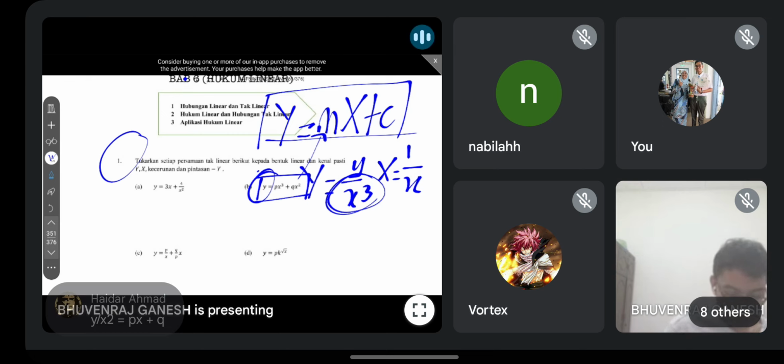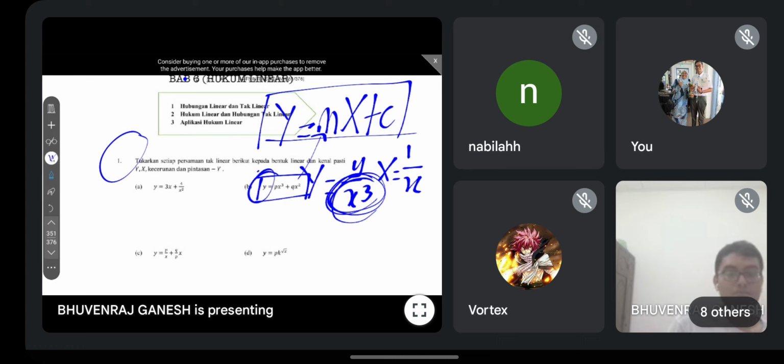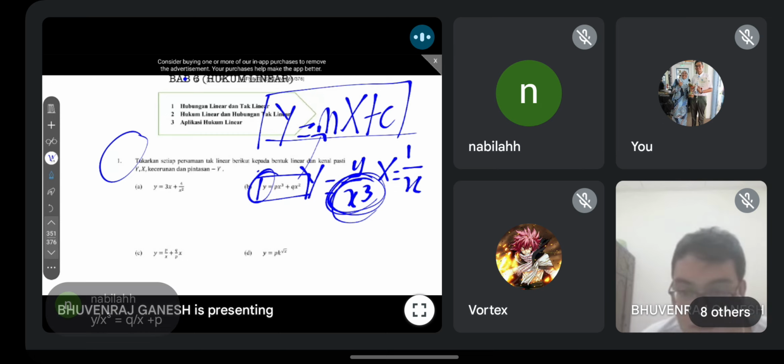Y over x square is equal to... Haida, I want x power 3. My y-axis is y over x power 3. Y over x power 3 sama dengan, yes, betul.